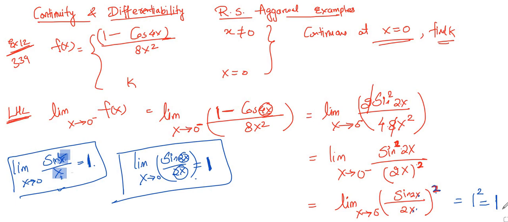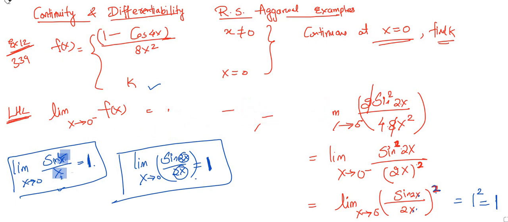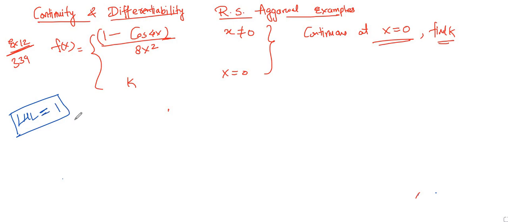Now what will be RHL? See, there is no need to calculate RHL because we are supposed to find K. Okay, so let me show you how. I have written LHL here that I have calculated. Now let's calculate the function value.